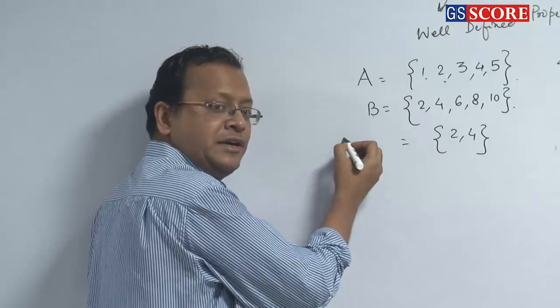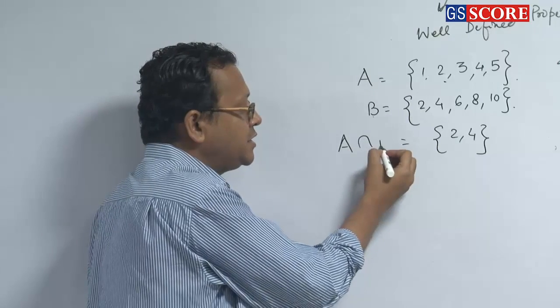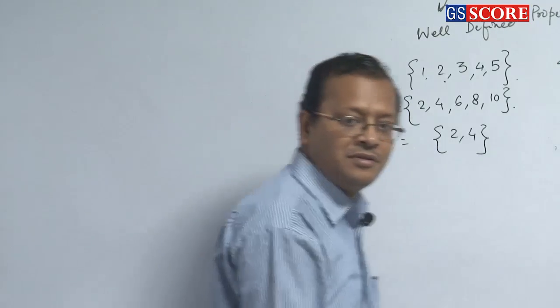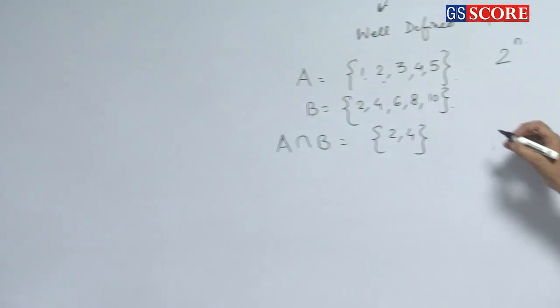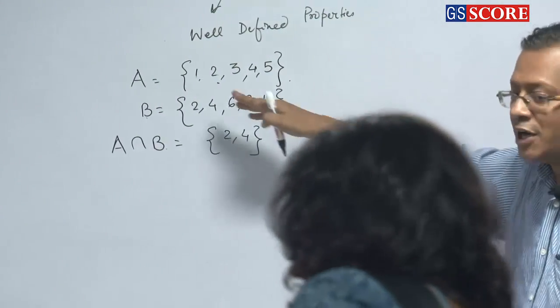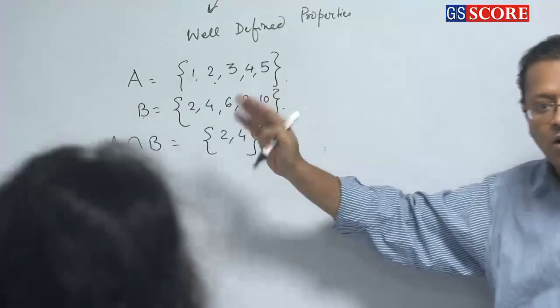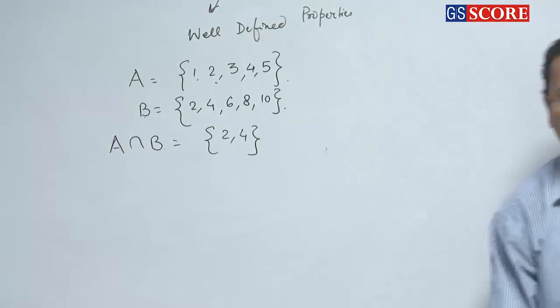We call this A intersection B. Intersection means common to both. Clear? How many elements are there which are either in A or in B?